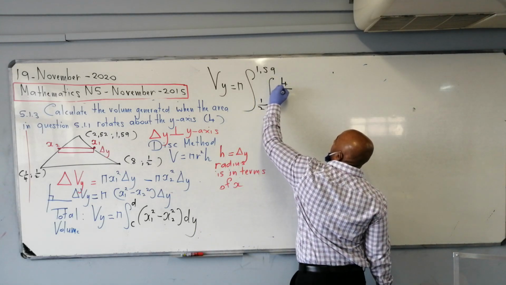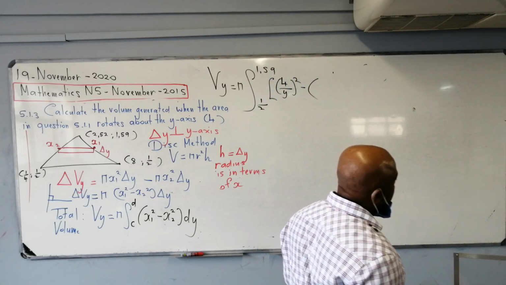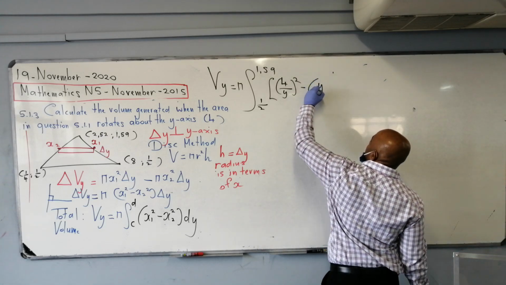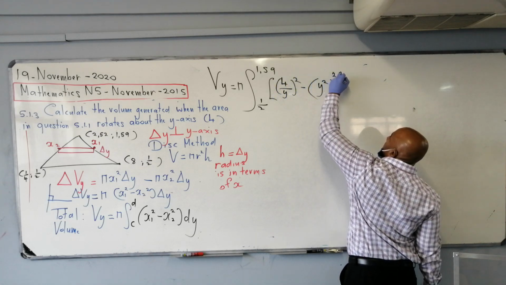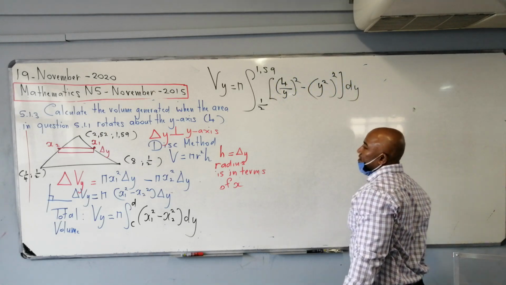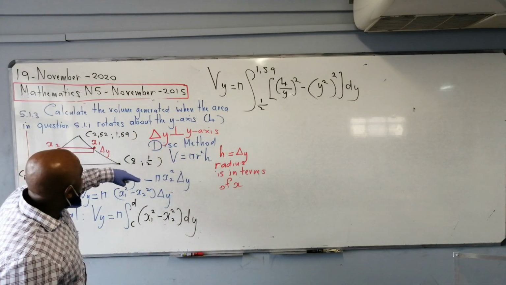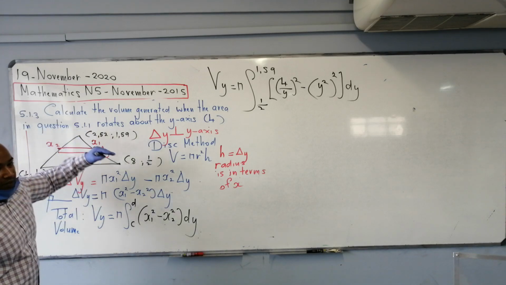So that's going to be 4 over y, squared, minus my x2. What was my x2? It was y squared, all squared dy. Okay, remember this was the equation here of the hyperbola, and this one was the equation of the parabola.